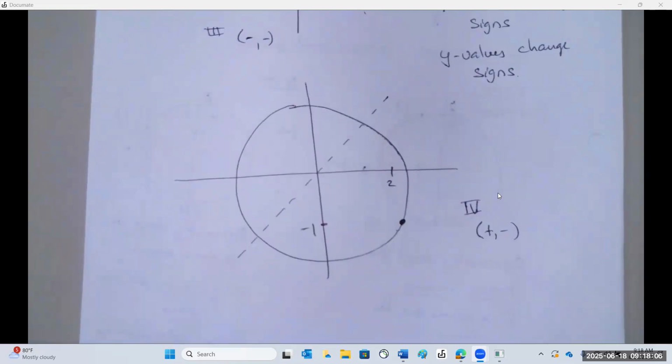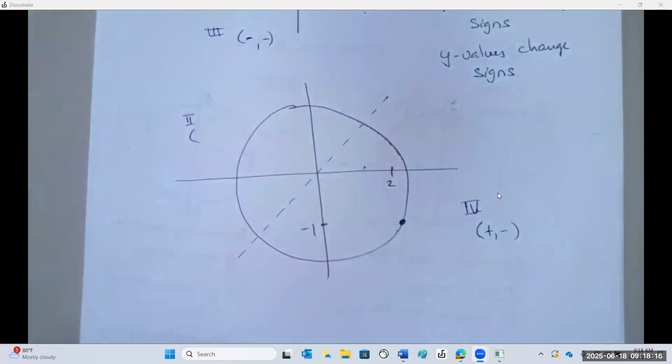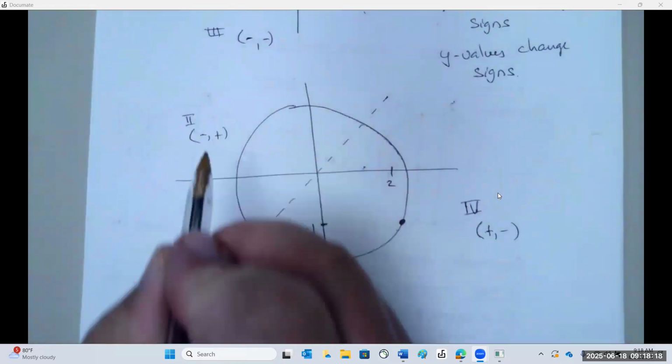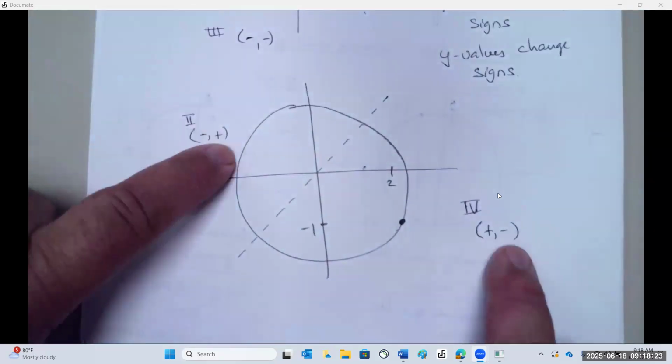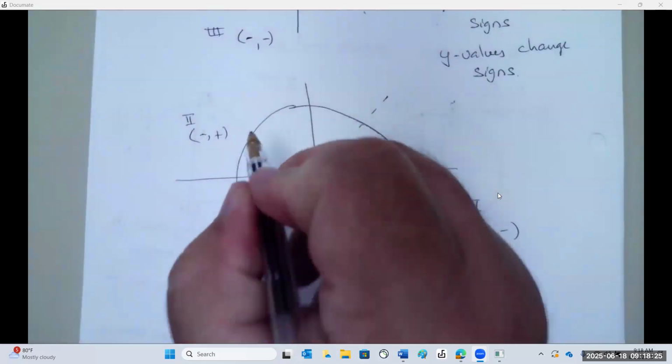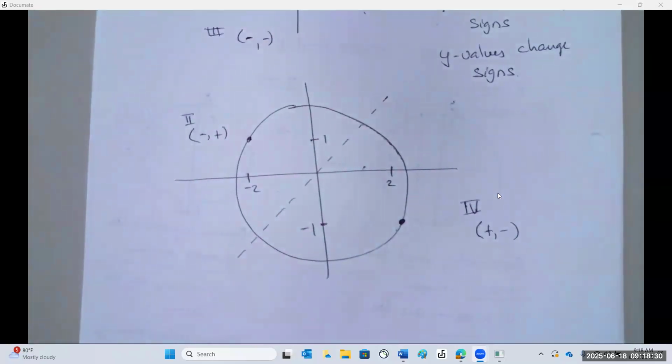So what is the opposite of that one? The reflection of that one? What quadrant? Quadrant 2. What are its characteristics? Yeah, see, so remember, like it says up here, x changes signs, y changes signs. So that means I'd have a point over here. So far, so good.